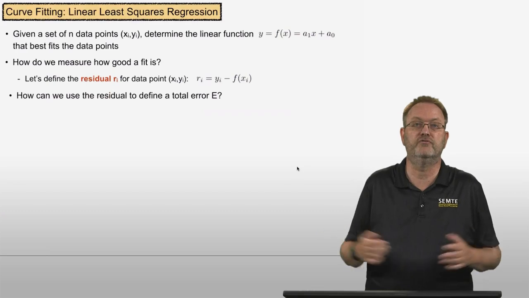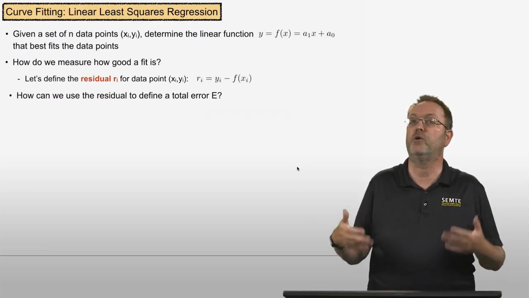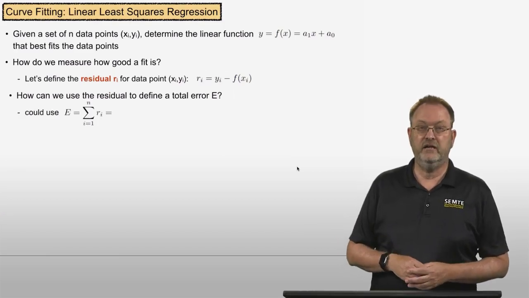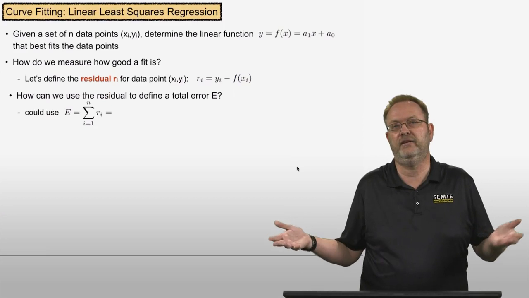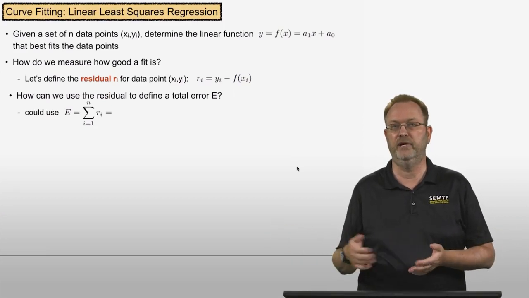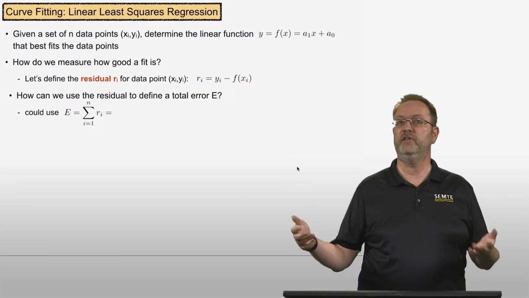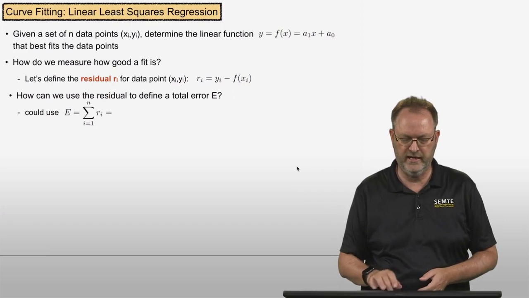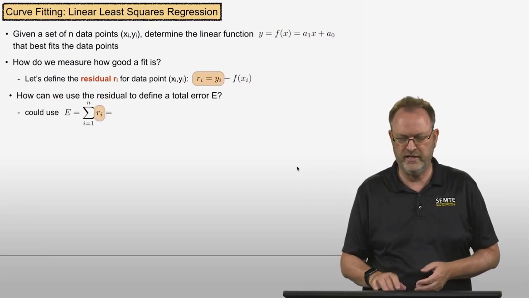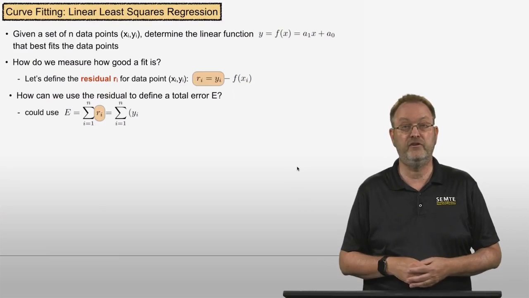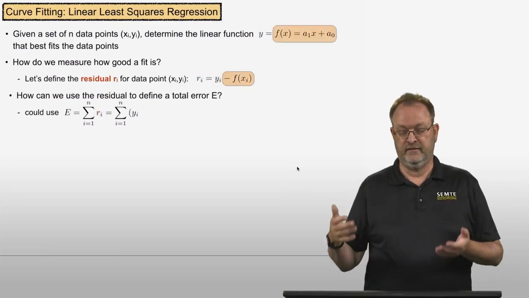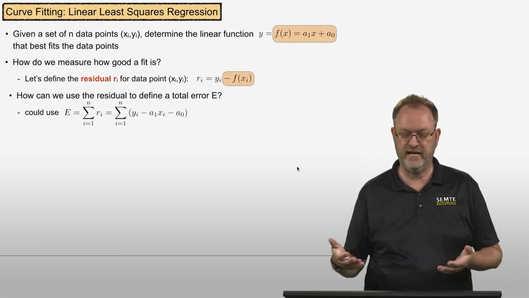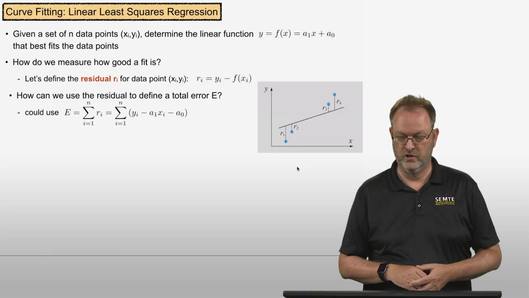Now, how can I use this residual to define a total error that I then try to minimize? The first idea could be that we've got a residual value at every point, so why don't we just sum these residual values up? That will give me a total error E. The residual is the measured value yi minus the function evaluated at xi. The function is linear, so minus a1 xi minus a0.